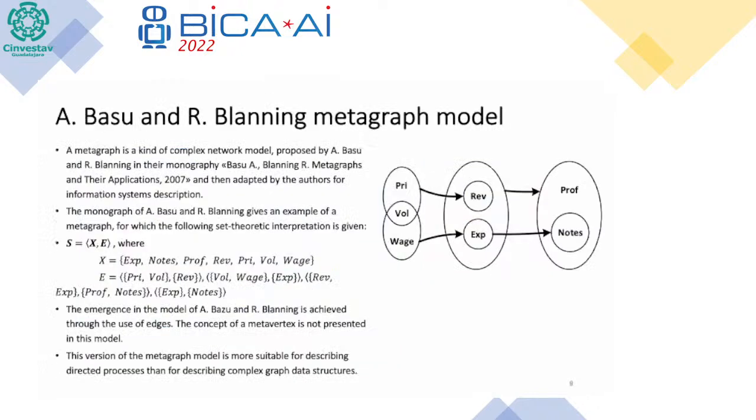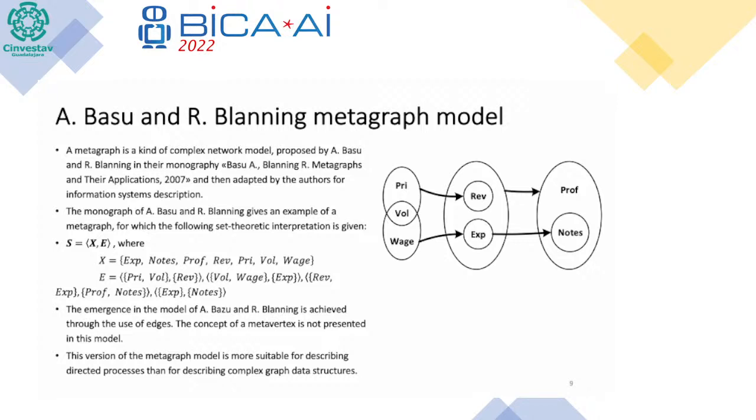So let's talk about the metagraph model. A metagraph is a kind of complex network model proposed by Basu and Blanning in their monograph, and then adapted by the authors for information system description. In the Basu and Blanning model, the metagraph is defined by the expressions that you see on the slide.